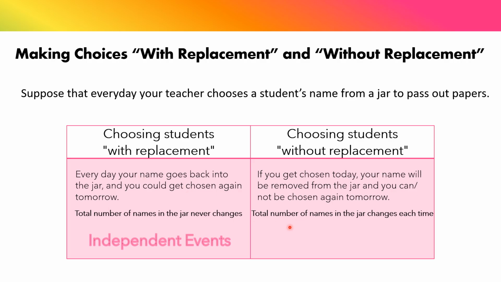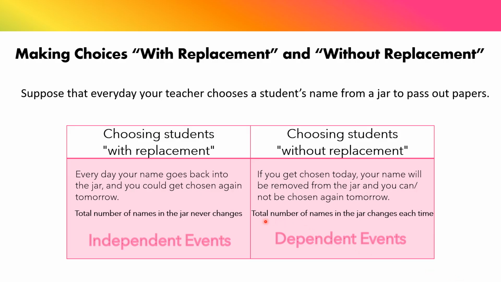But if you are choosing students or making choices without replacement, then those are considered dependent events because every day the total number of names in the jar changes. And if you didn't get chosen today, you're more likely to be chosen tomorrow, right? Because there's fewer people to choose from.